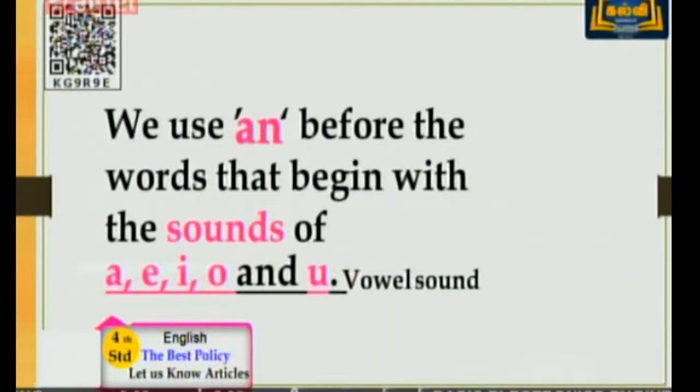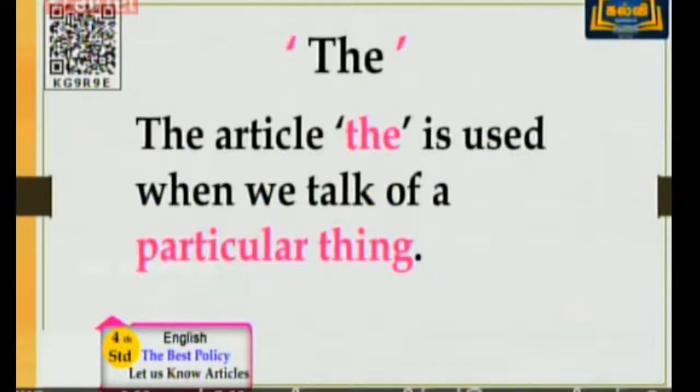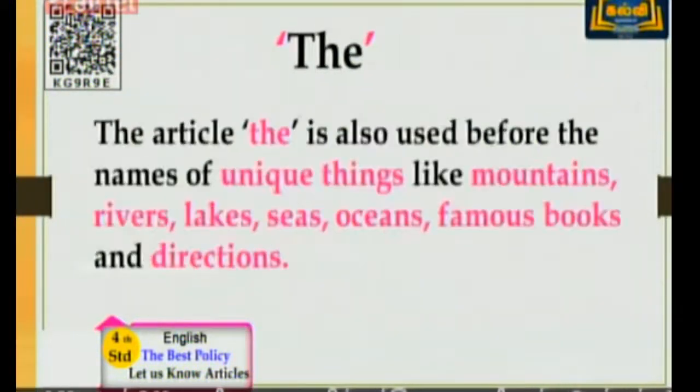Apart from these, for all other sounds we use the article a. Only for the words starting with the sounds a, e, i, o and u, not only the letters but the sounds, we use the article an. The article the is used before the particular things and unique things.